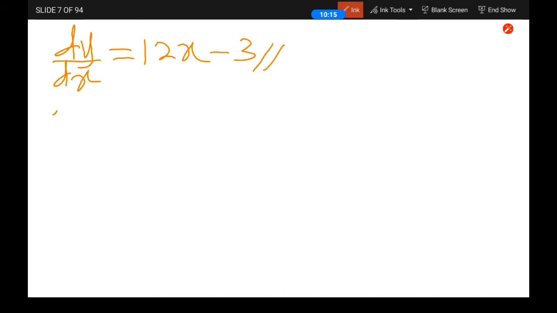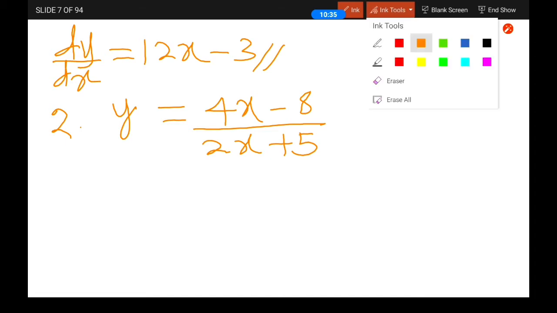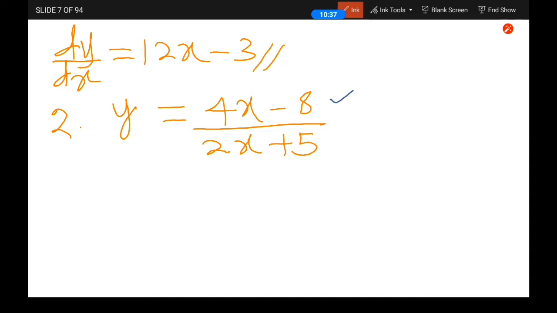That's the first one. Now, question 2. If y equals 4x minus 8 over 2x plus 5. Look at this. Now, this is division. I have a function that is 4x minus 8. I have another function 2x plus 5. And they are dividing each other. We call it the quotient rule. So I can have this as u over v.